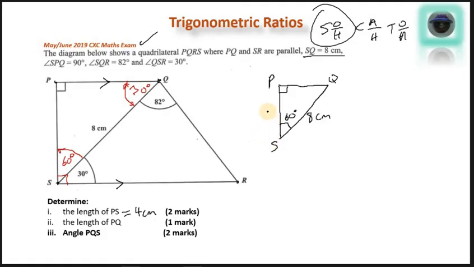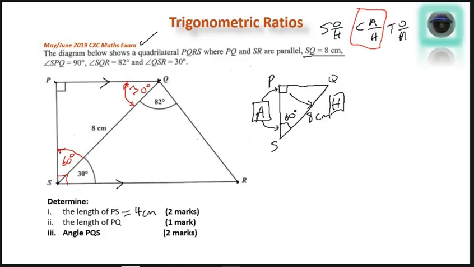So therefore, this side here, in relation to the 60-degree angle, is our adjacent side, which has the right angle and the acute angle, 60 degrees. And this side here, which is facing the right angle, is our hypotenuse. And so this time we'll go with what? Which ratio should we use? Since we have the adjacent and hypotenuse, we go with this one, cosine.